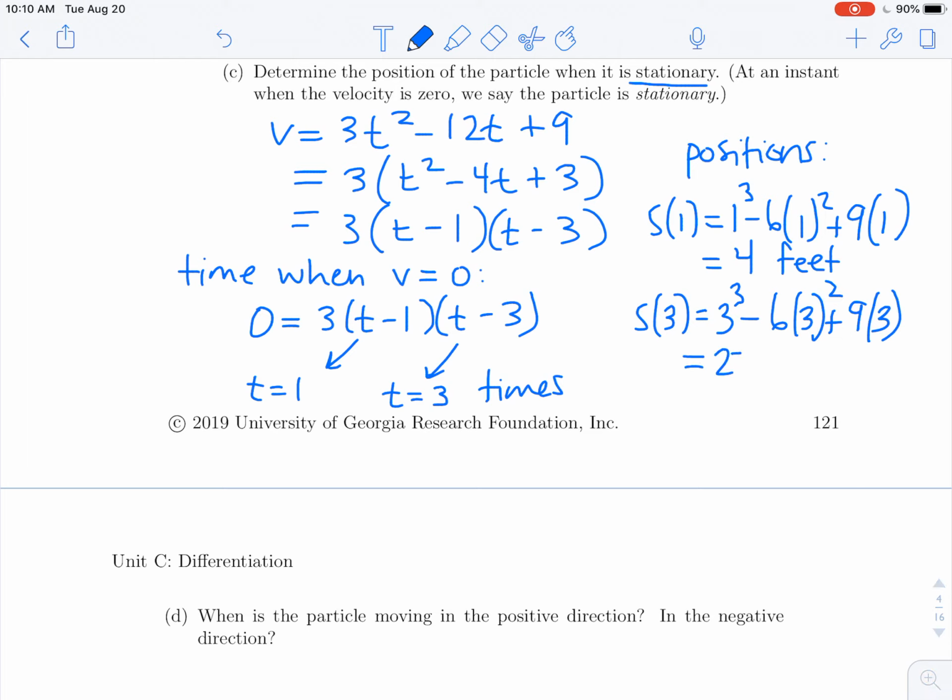So this is 27 minus 54 plus 27. No shame in using a calculator here, which works out to be 0. And so the positions of the particle when it's stationary are 4 feet and 0 feet.